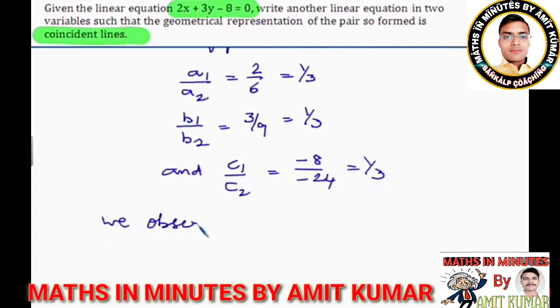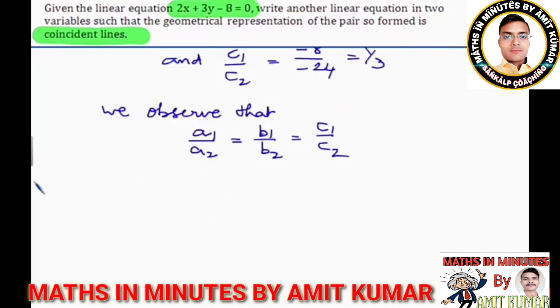Here we observe that a1 upon a2 is equal to b1 upon b2 and also equal to c1 upon c2. So this is the condition of coincident lines, where all these parts a1 upon a2, b1 upon b2 and c1 upon c2 are equal. Okay, so the pair of lines are coincident lines.